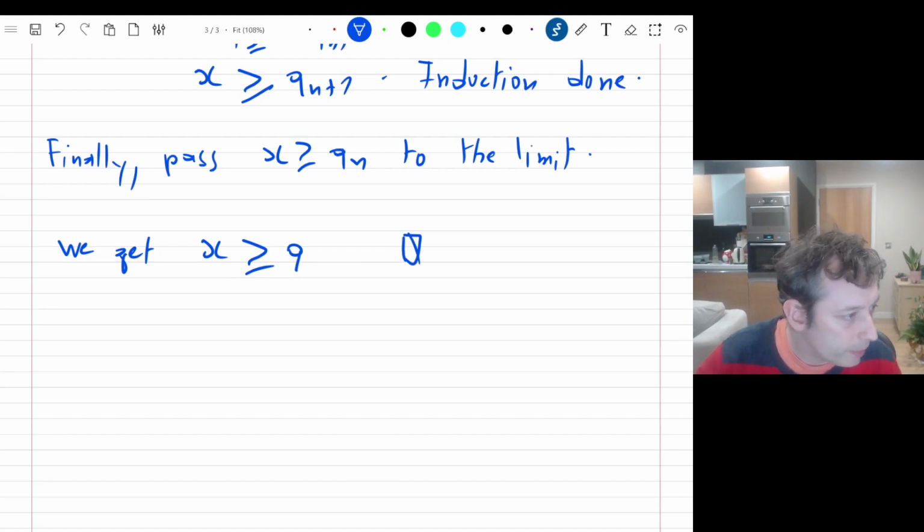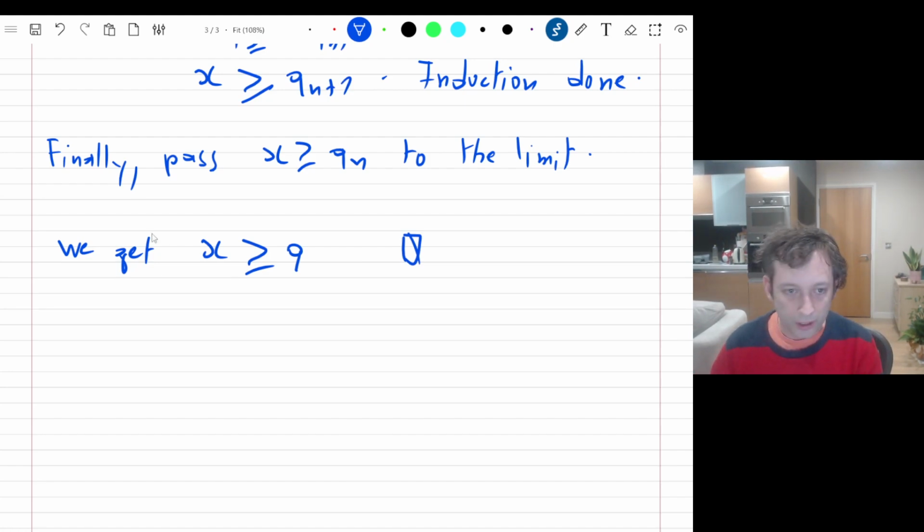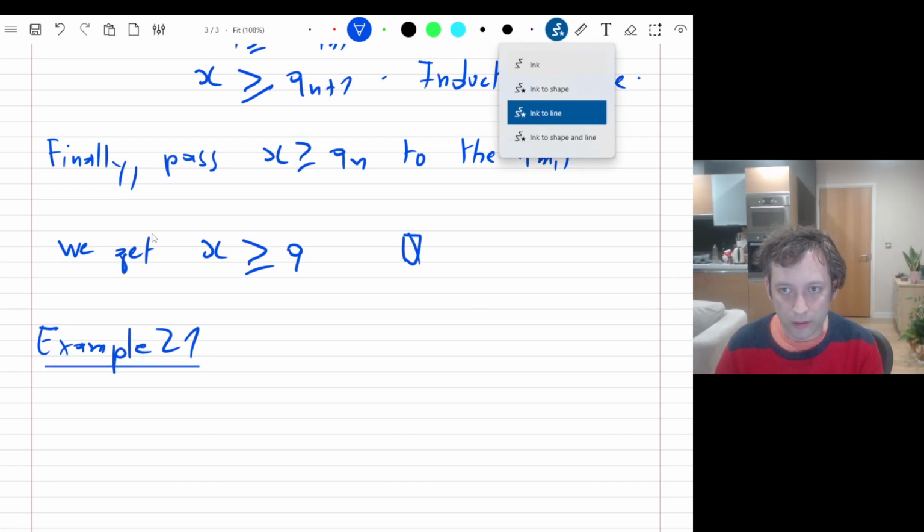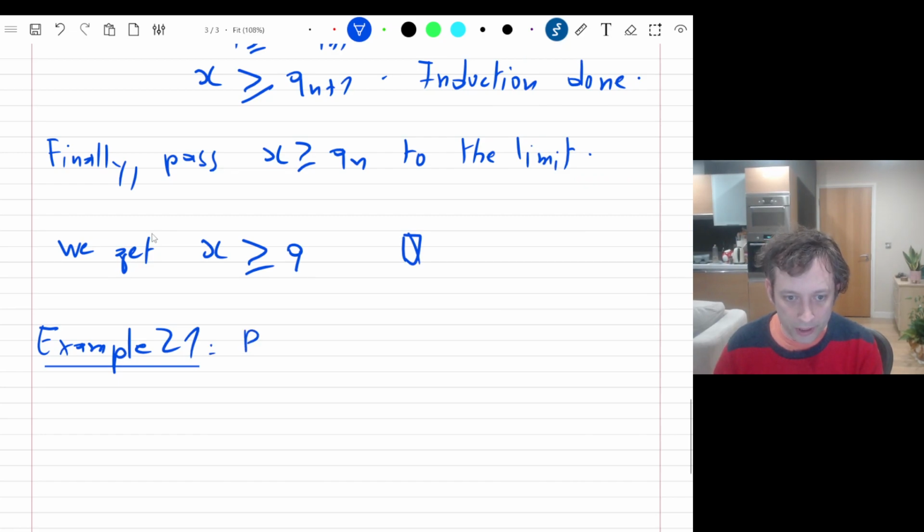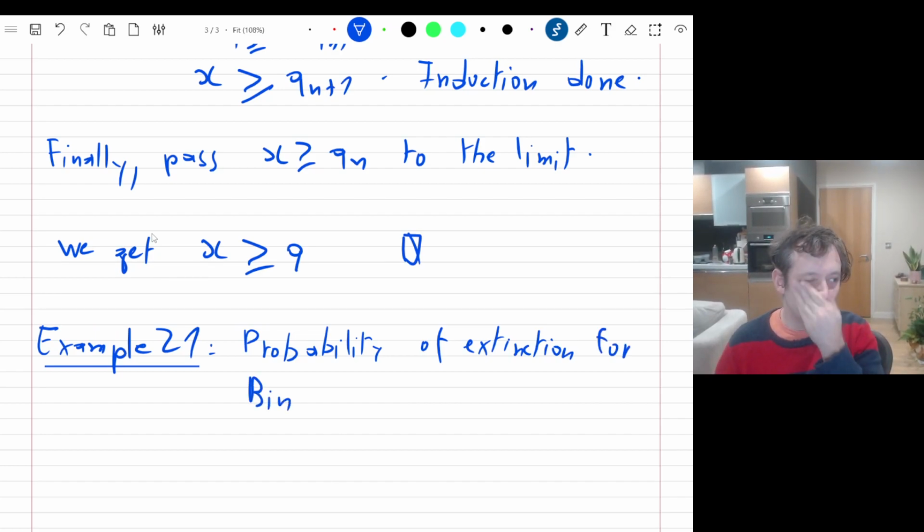Example 21. Let's be conscientious about our numbering. So it's the probability of extinction for binomial, bin means binomial, 3p.